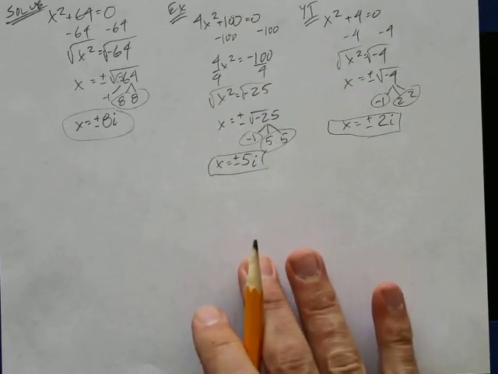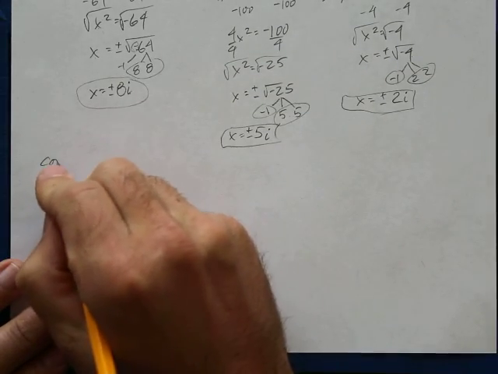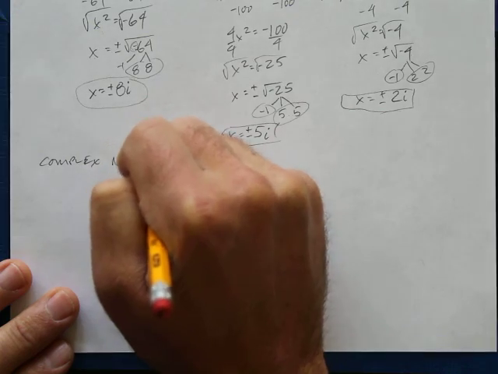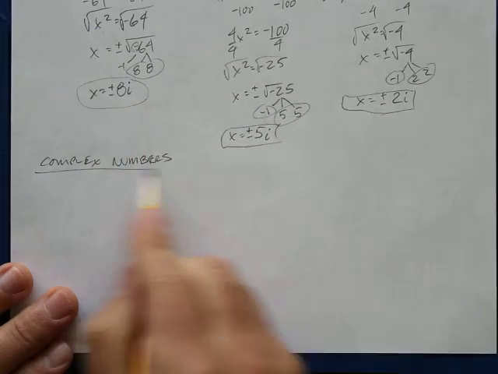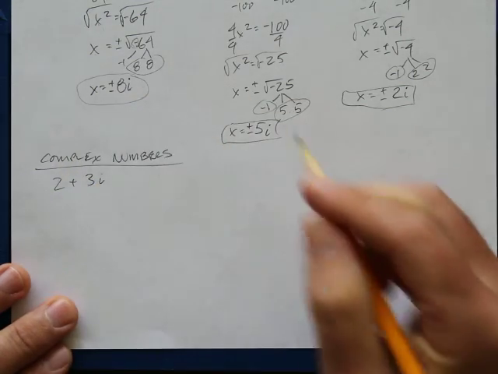All right, let's keep going. We're going to look at complex numbers now. So I've got 2 plus 3i.